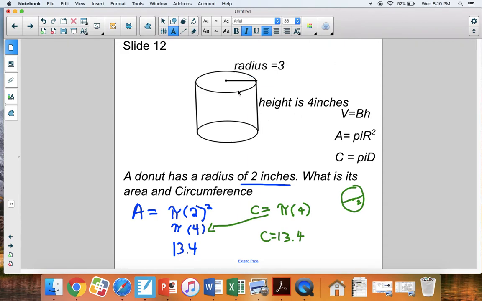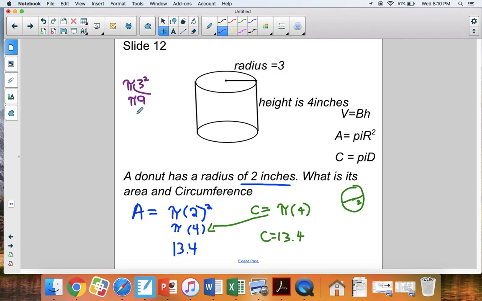So now I need to calculate this. So first thing I need to do is find the area of this circle. So I have pi times 3 squared. 3 squared is 3 times 3, so that's 9 times pi.